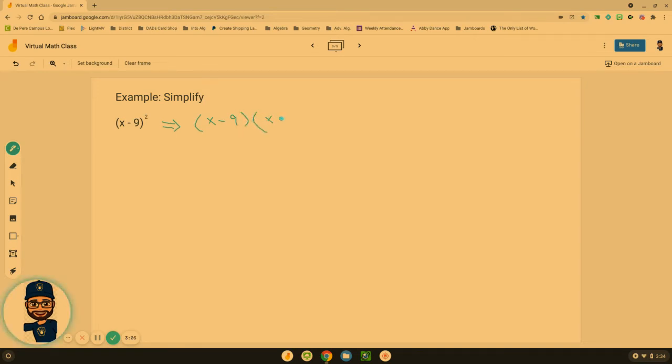And so we're going to have 4 multiplications. This x times that x is x squared. This x times negative 9 is negative 9x. This negative 9 times x is another negative 9x. And this negative 9 times negative 9 is a positive 81.